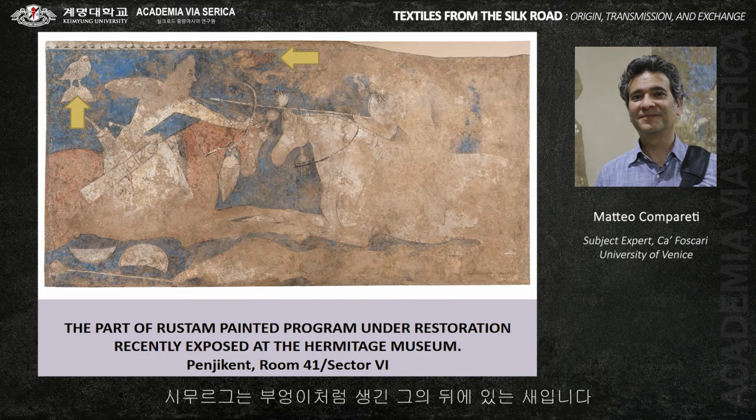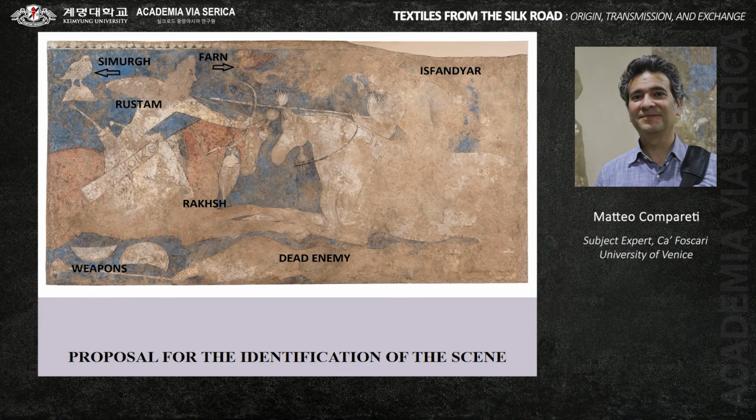The Simurgh is the bird behind him, like an owl. This is the identification I propose for this painting. And in my opinion, this is proving beyond any doubt that the Simurgh was a bird, and the composite creature was the symbol of Farn, the symbol of glory.